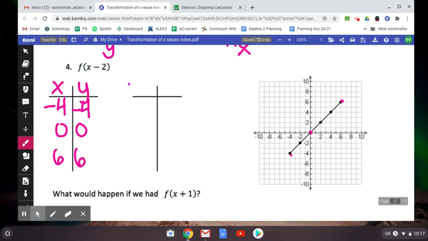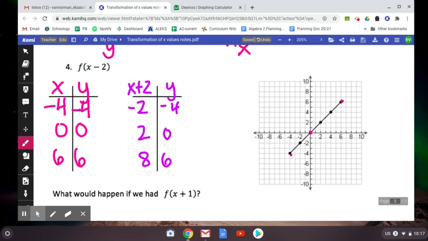In order to shift it to the right 2, I'm actually going to do the opposite and add 2 to all of my x values. When I do that, I end up with -4 plus 2 is -2, 0 plus 2 is 2, and 6 plus 2 is 8. There's nothing happening on the outside, so my y values remain the same. And then I have these points.